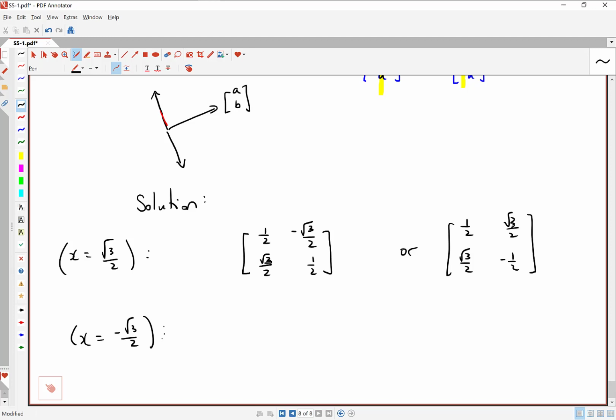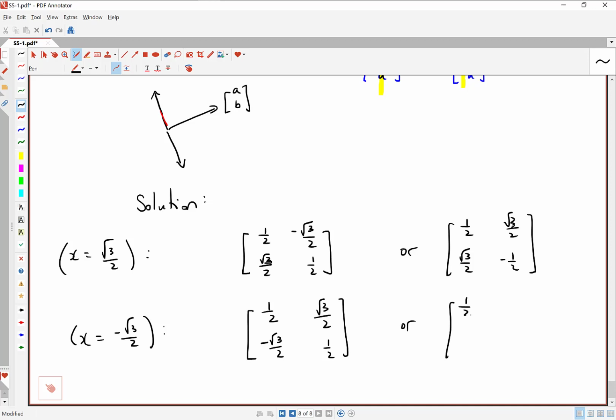So let's write those out, and then we'll have our complete list of possible matrices. Now our first column is (1/2, negative root 3 over 2). We are going to swap the entries, and we'll have to change one of the signs. So I'll change the top sign. That will make our columns orthogonal.